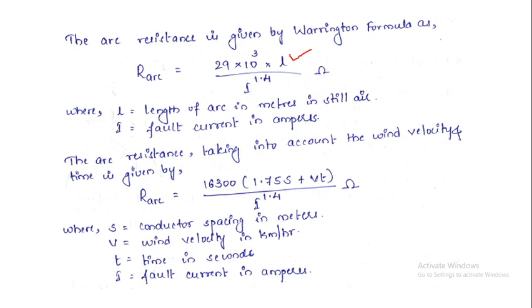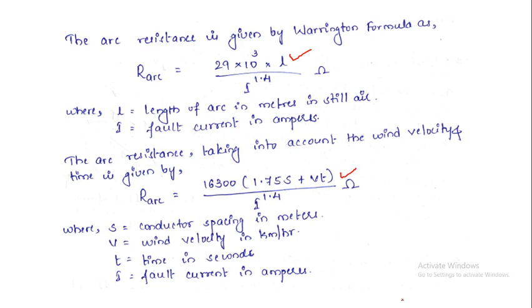The arc resistance taking into account the wind velocity and the time is given by R arc is equal to 16,300 into 1.75 S plus Vt divided by I raised to 1.4, where S is the conductor spacing in meters, V is the wind velocity in kilometers per hour, t is the time in seconds, and I is the fault current in amperes. This is the expression you need to remember for the arc resistance.